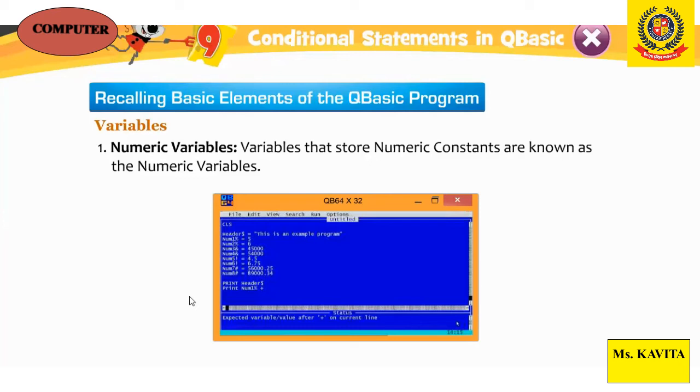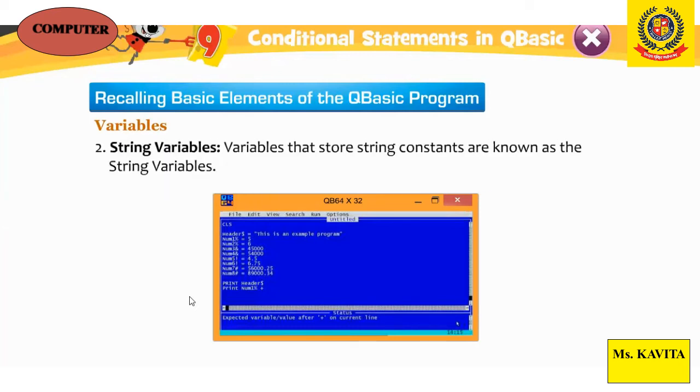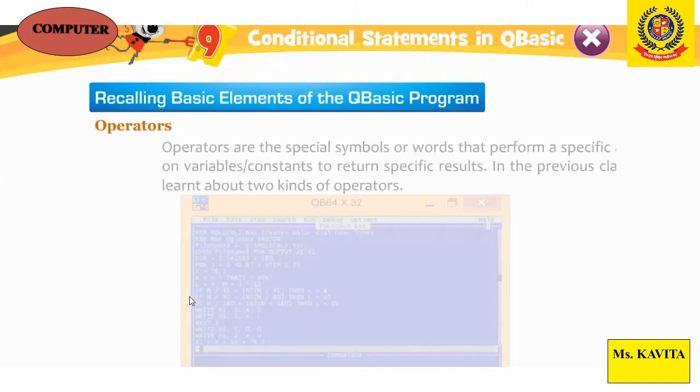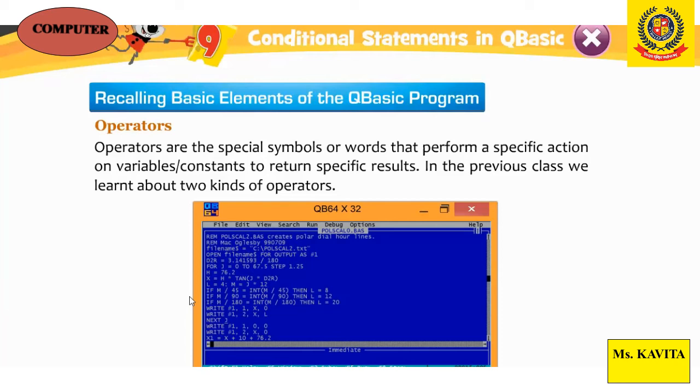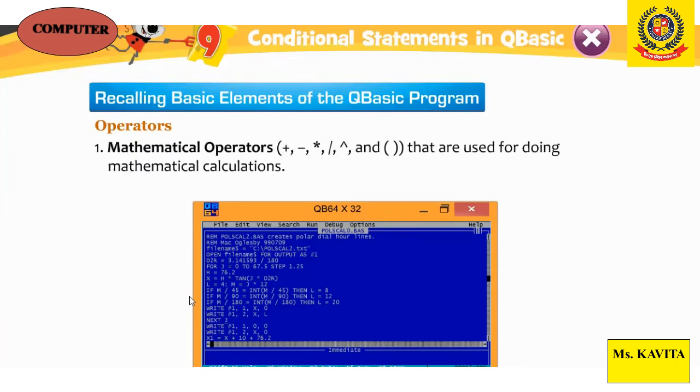Numeric constants are the numeric values, numbers on which calculations can be done. And string constants are letters, numbers and combinations of both included within double quotes. And calculation cannot be done on the string constants.